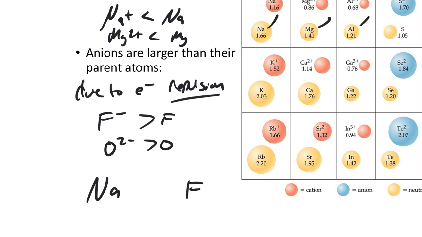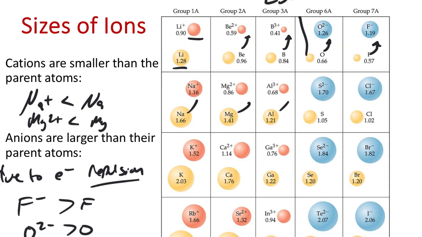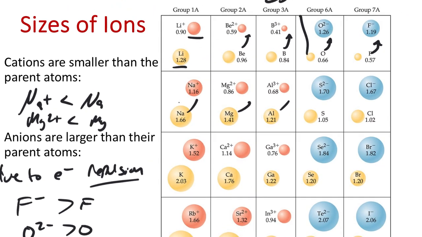So sodium has to be bigger than fluorine, right? And so we can double check the chart. Sodium is 1.6 angstroms in radius, and then fluorine is 0.57. It's not even close. Fluorine's a lot smaller. Okay, so that's good.